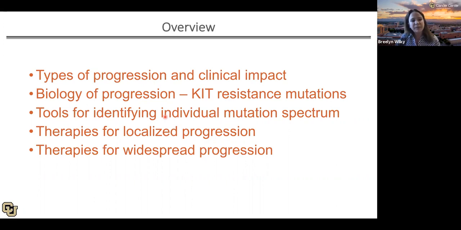We'll talk a little bit about some of the newer tools that we can use to identify patients' mutations and speculate on how this might ultimately change the way that we're treating GIST patients. And we'll look at specific treatment options for localized progression, as well as touching on drugs that are used for widespread progression.